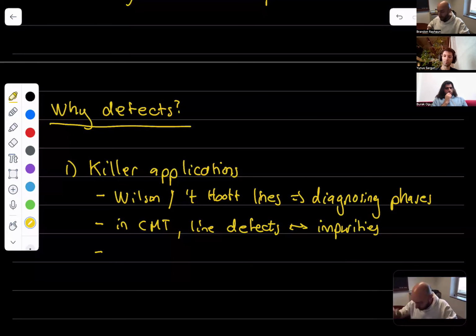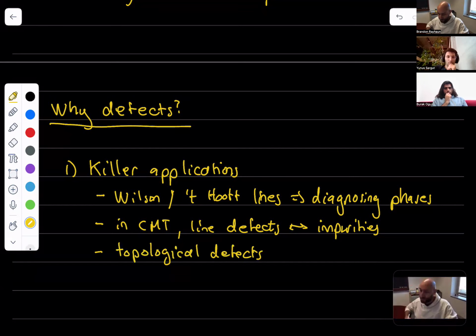For a more mathematical application, also replete with physical consequences, a special case of defects are topological defects. These are defects where if you insert them into correlation functions, the correlation functions don't depend on precisely where you place the defect.